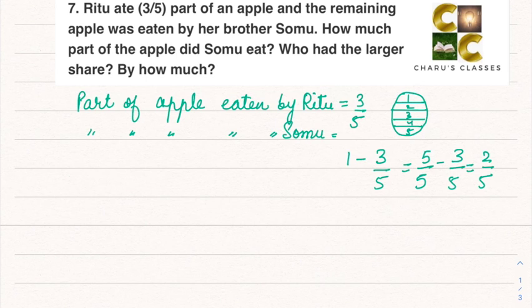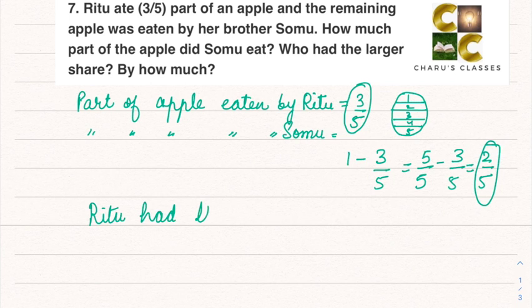They have asked who had the larger share and by how much. Now Ritu had 3/5 of an apple and Somu had 2/5 of an apple. So it is clear that Ritu had the larger part. And why is it so?